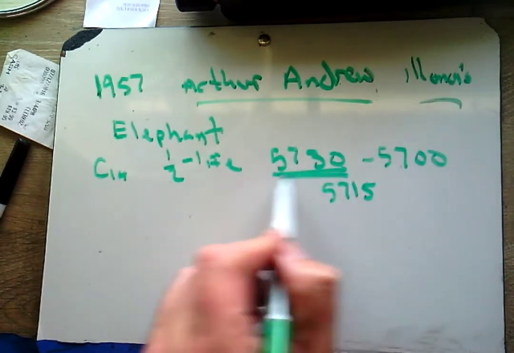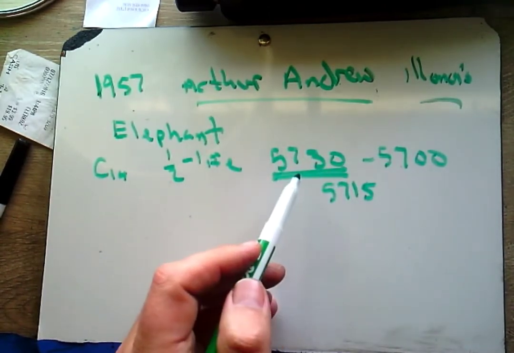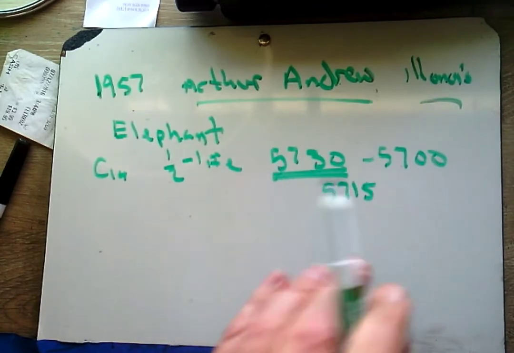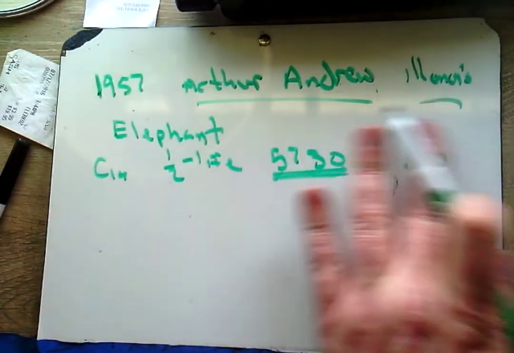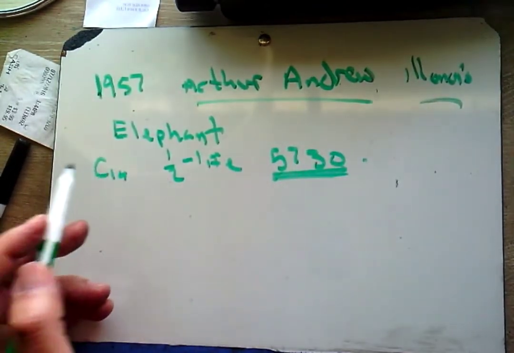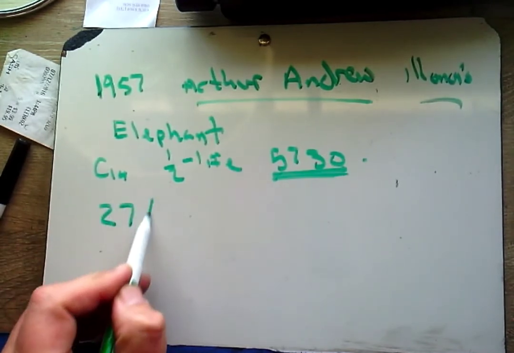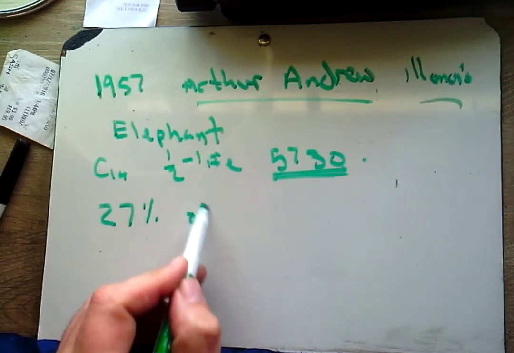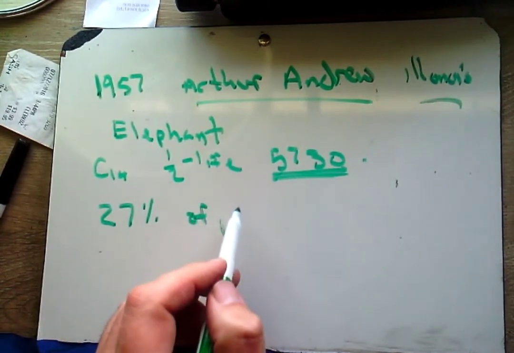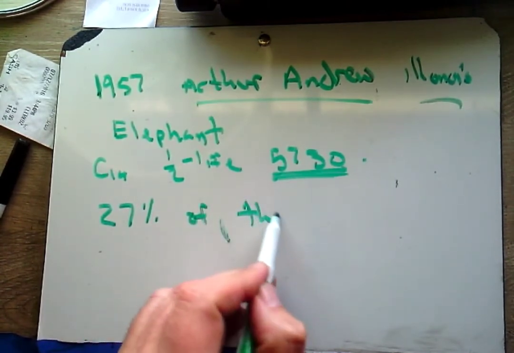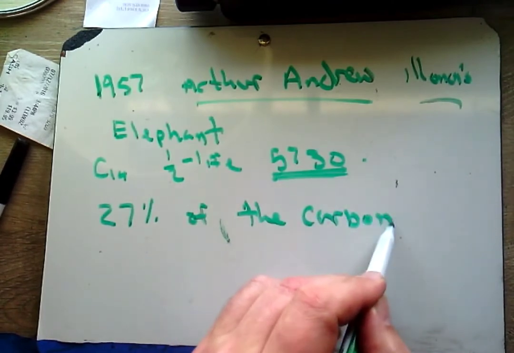Most sources I find use 5730, and so I'm going to go with 5730. Okay, so 5730 is the half-life for carbon-14, and what they noticed was that only 27% of the carbon remained.